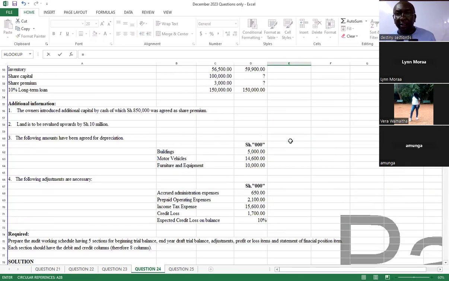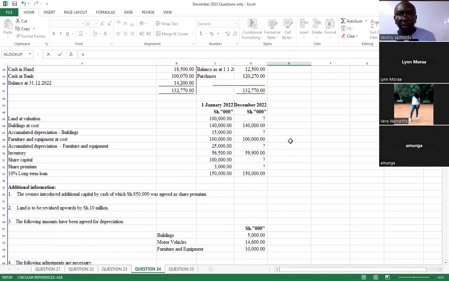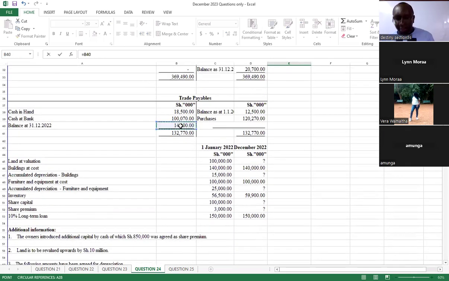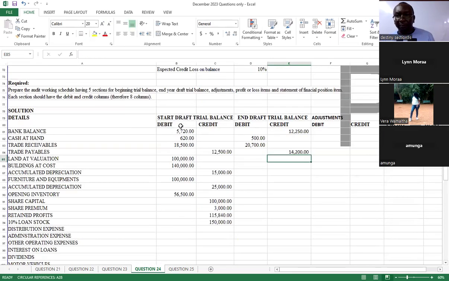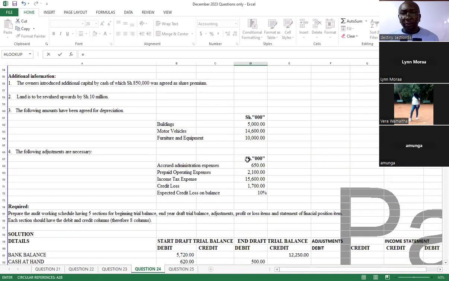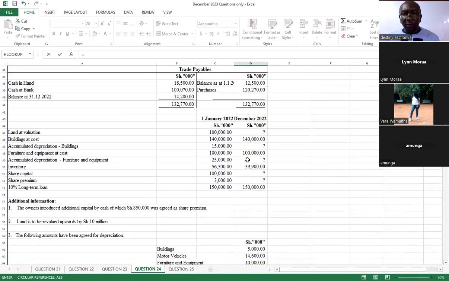So we go to the trade payables, this one. We press enter. Then we go to revaluation. So for the revaluation, the opening balance, that must be a debit balance. So we just have this value here.